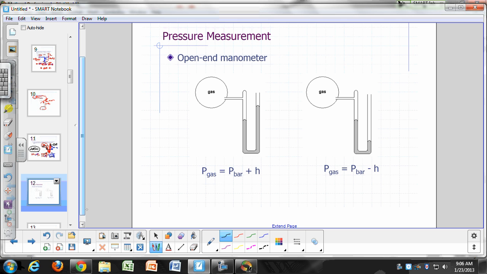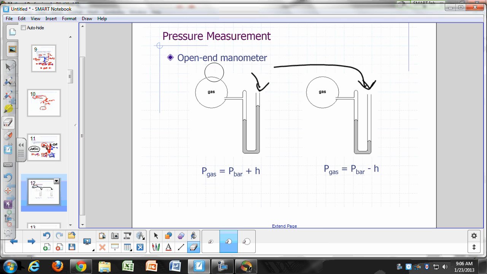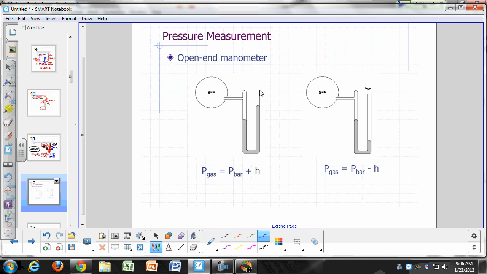Okay. You can also use an open-end manometer for pressure measurement, and in those cases, your manometer is open to the atmosphere on one end, so you'll notice that's the open end right there. Okay. And the gas is hooked up to the other side. So one side is open to the atmosphere, and one side is connected to your gas. And in these cases, then, let's look at this scenario right here. In this case on the left, would you say that the pressure of the gas is higher or lower than the atmospheric pressure, the barometric pressure?